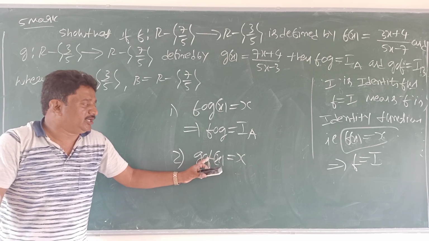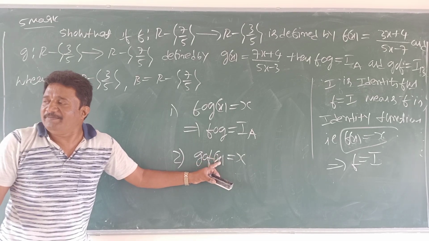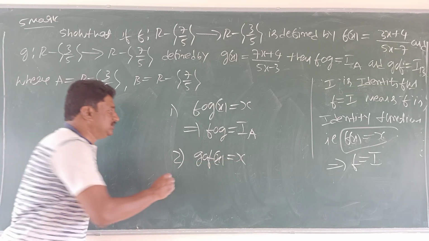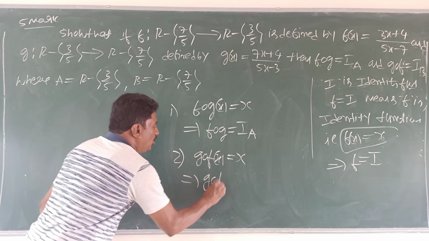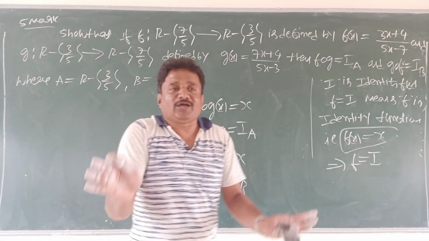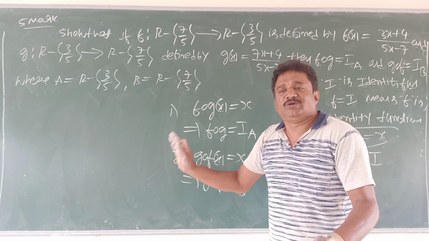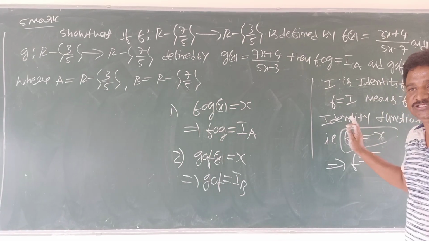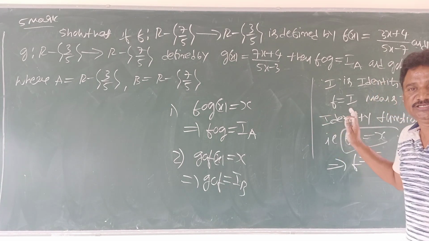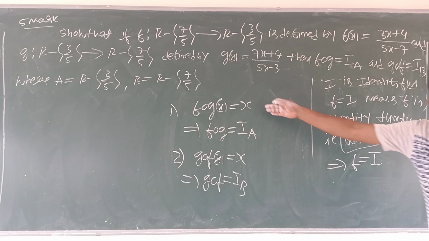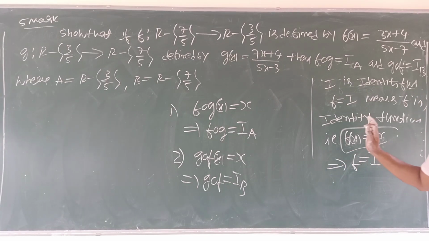A function that relates every element with itself is called an identity function. That implies gof is equal to I_B. I hope you got a complete idea about this question, students. Don't write these things for your annual exam. This is for your sake. Make these notes in your notebook.